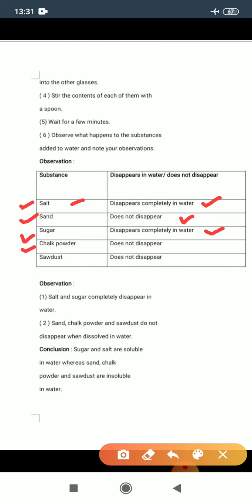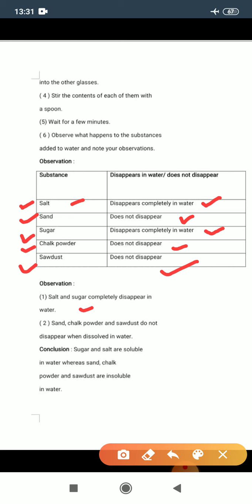The next is chalk powder. Again, chalk powder will sink in the water because it is insoluble in water, so does not disappear. And the last one is sawdust. Again, sawdust is also an insoluble substance, so it does not disappear.